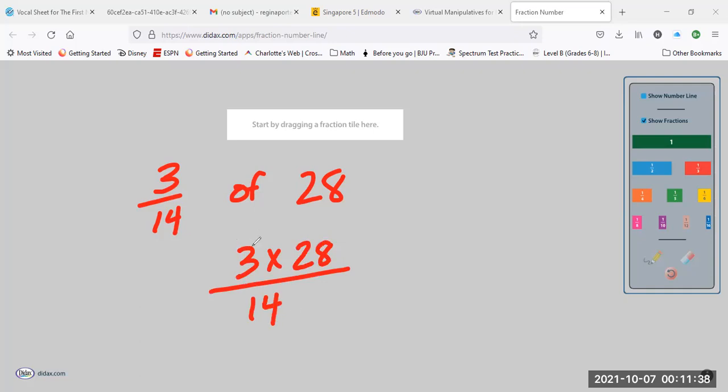Well, 3 times 28, I could do that mental math. I could say, well, 25 times 3 is 75. And then 3 more would be 28. 3 times 3 is 9. So 75 plus 9 is 84.